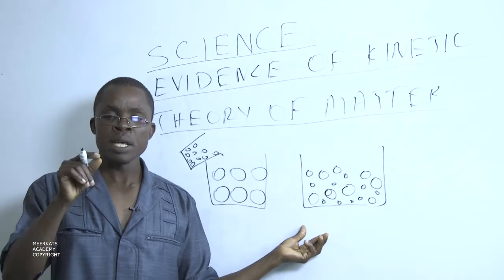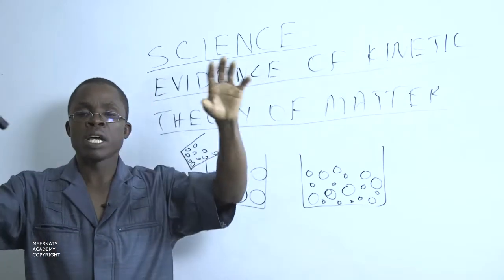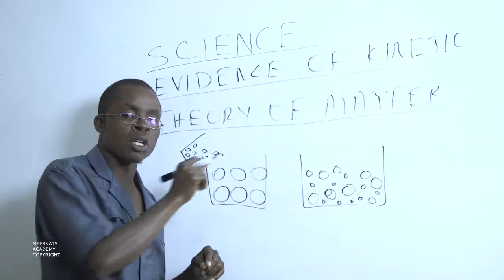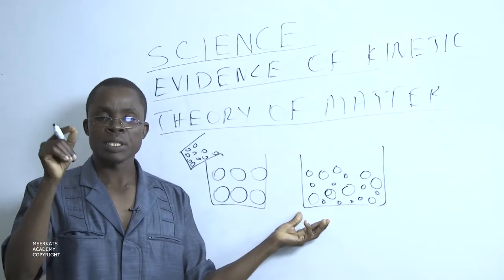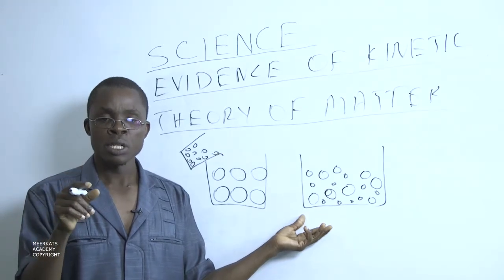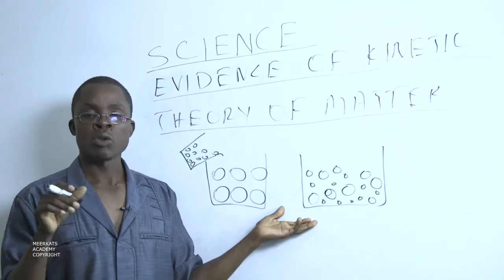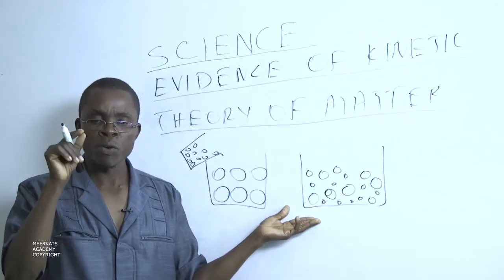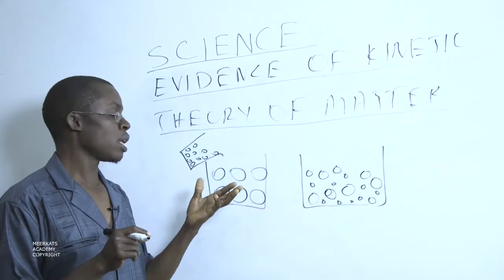That scent, being in gaseous state, it moved in all directions, and all directions means up to that point where you met the scent. That shows that particles in a gas state are always in a continuous state of motion, and they move to all directions where they can manage to reach, because the particles are loosely held because of very, very weak forces of attraction, not like liquids and not like solids.